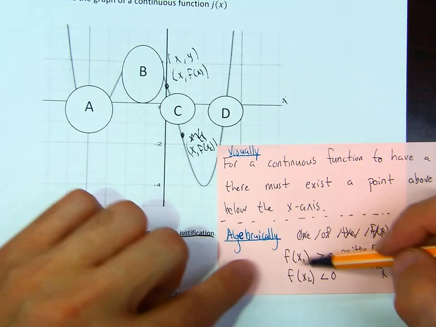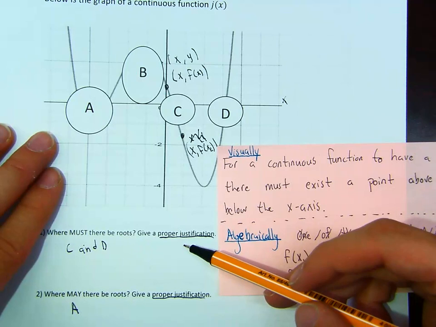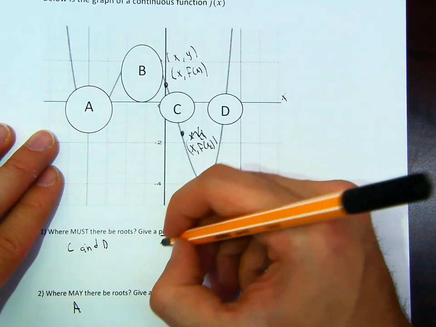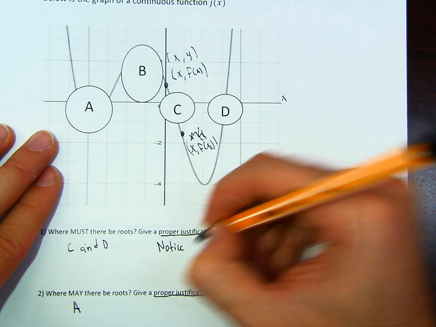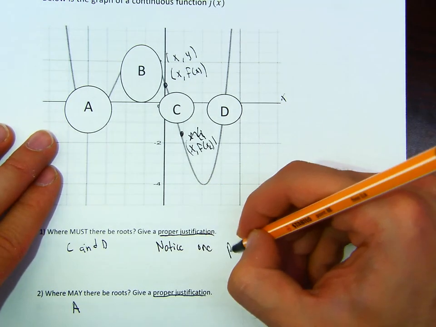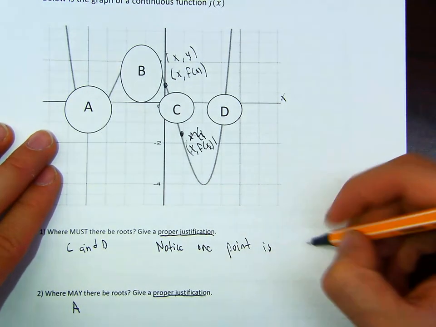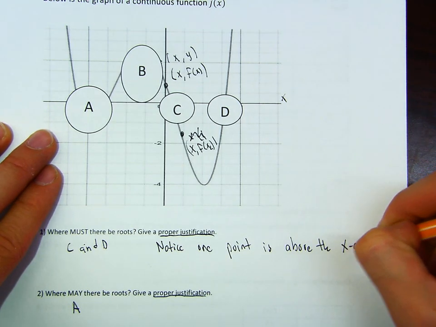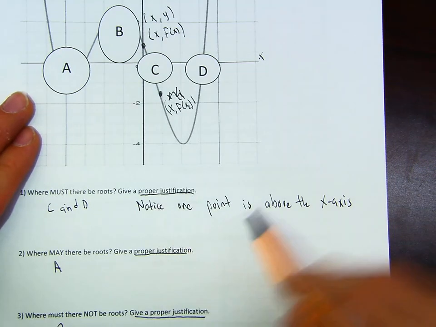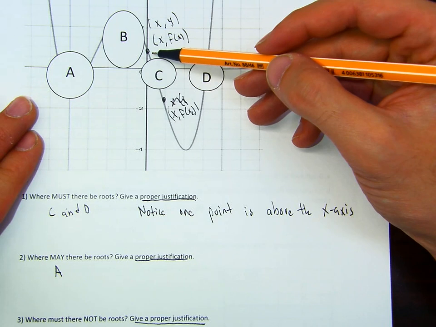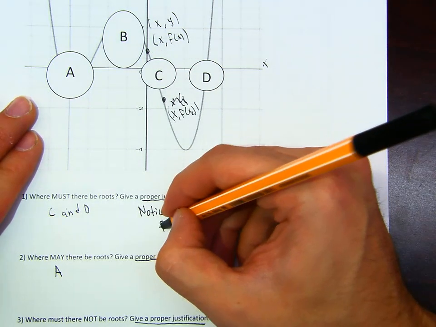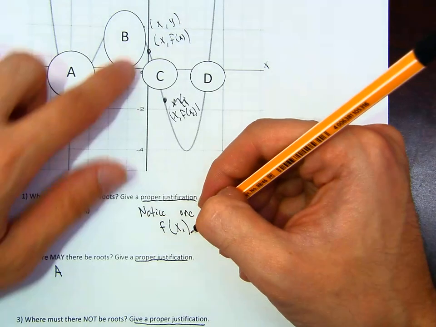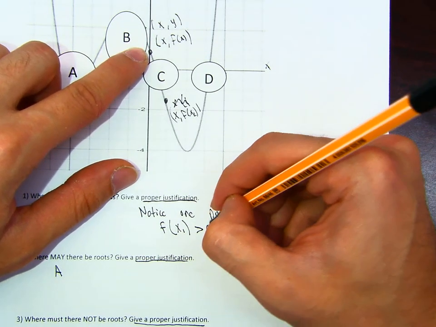So this is what we need when we have a proper justification. What we could say is, notice one point is above the x-axis. That's visually. Algebraically, our first point, f of x sub 1, is greater than 0.